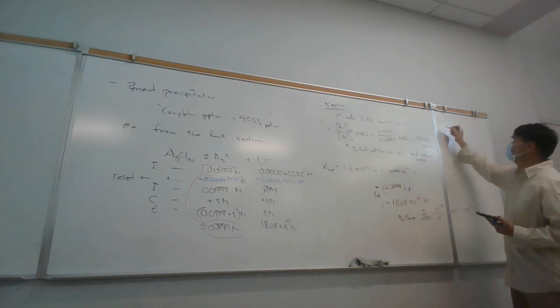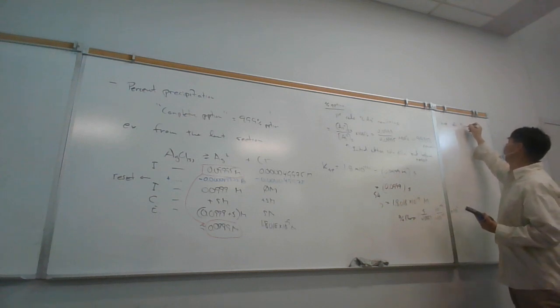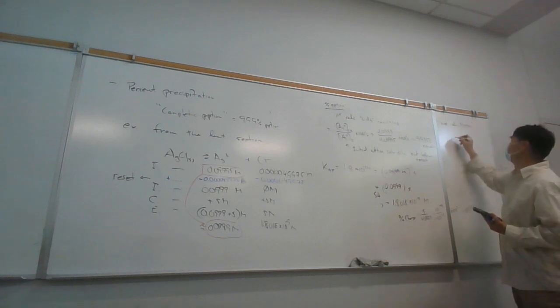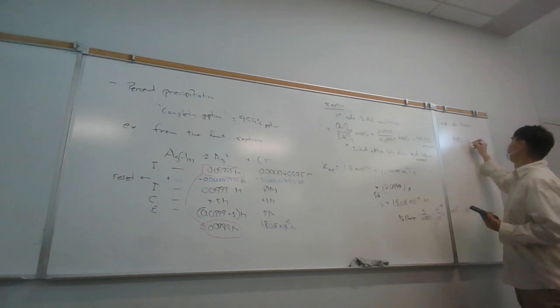Okay, next we're going to calculate the percent precipitation. Percent precipitation is just equal to 100% minus the percent remaining.